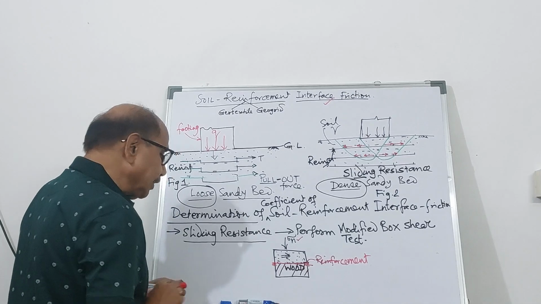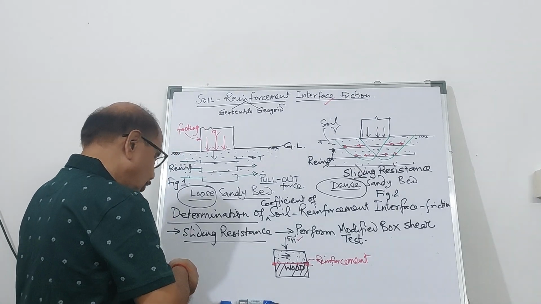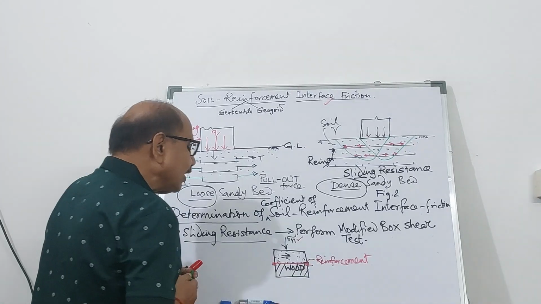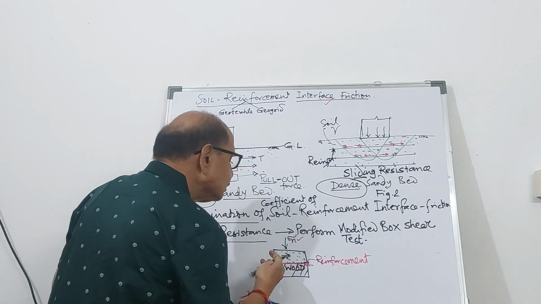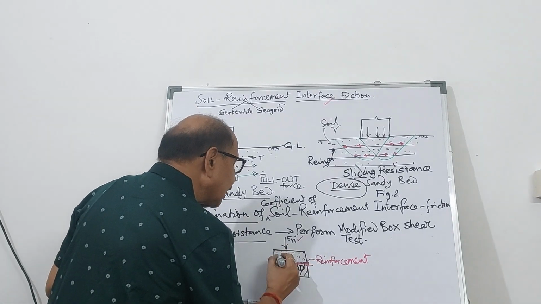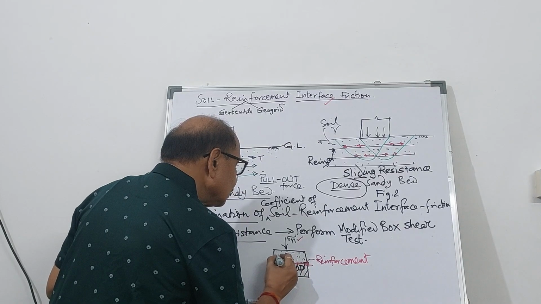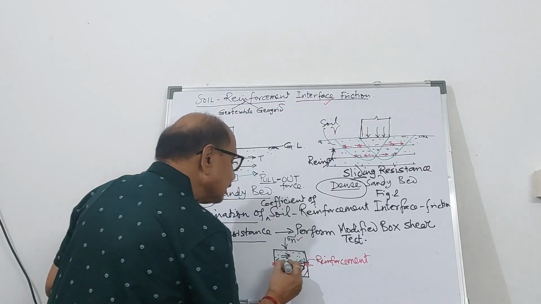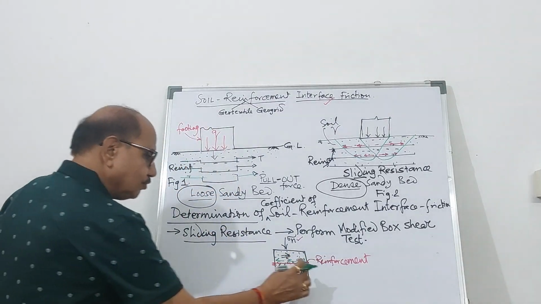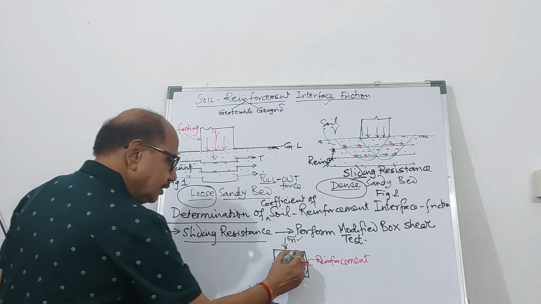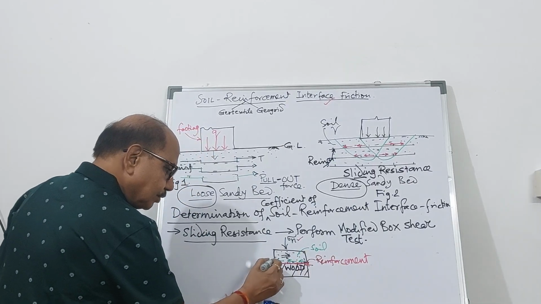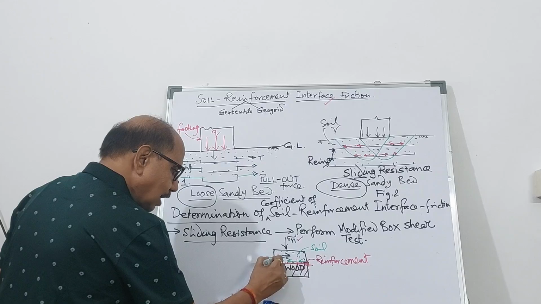There will be development of shear, that will be the tau value, shear stress. It is moving like this, shear stress at the interface of the reinforcement and soil will get developed. This value is tau.